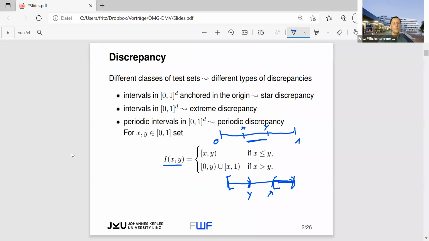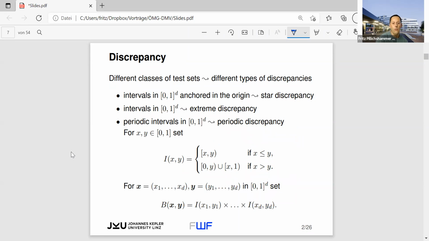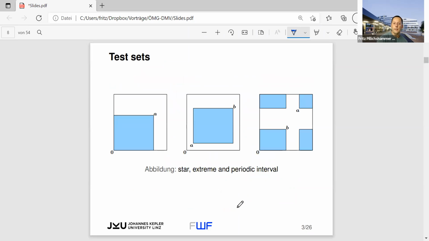And in the multidimensional case, for points x and y in the d-dimensional cube, the corresponding periodic interval or box B(x,y) is just the Cartesian product of the corresponding univariate periodic intervals. Here in this picture, you can see three typical examples of intervals from our test sets that we are considering.